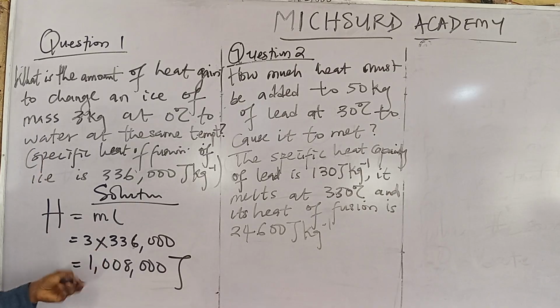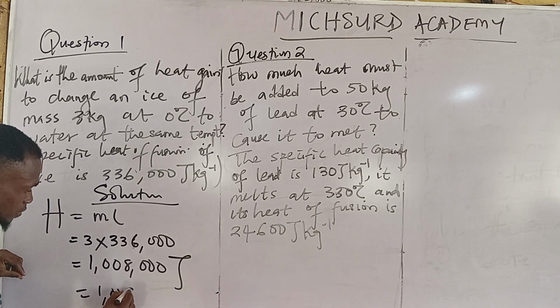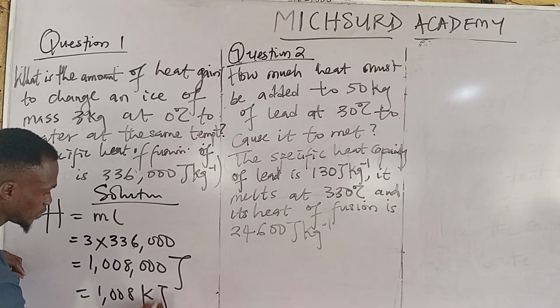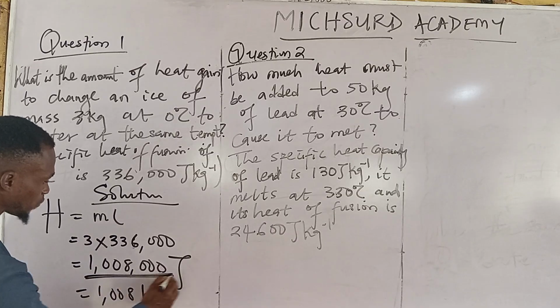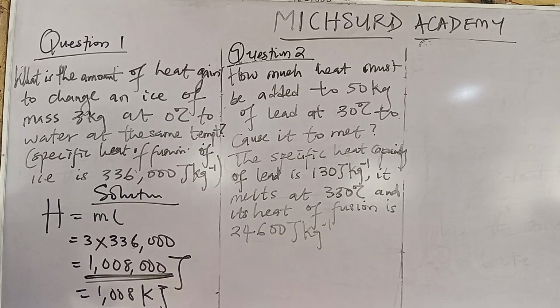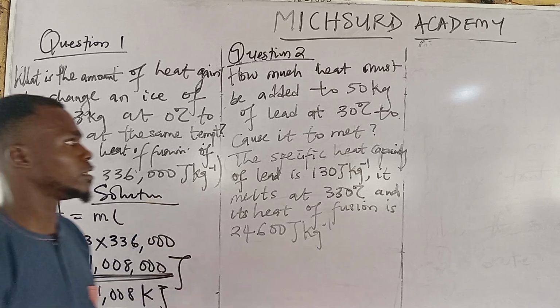If you punch this in your calculator, you'll have this. I can decide to write the answer as 1008 kilojoules, because kilo means 10 raised to power 3. So we do the conversion depending on the option. If you leave the answer this way, it's correct. This is also correct. Now let's look at the next question.